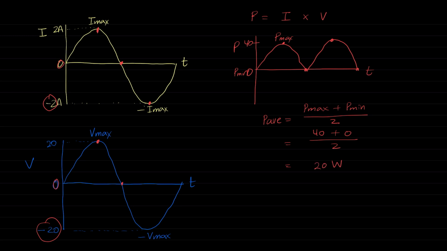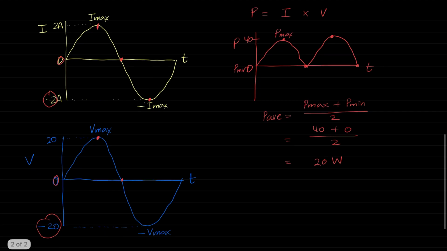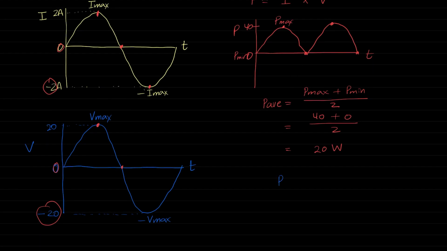Now how do we use this to derive the RMS equations? To do that, we'll look at our average power formula. P average, we can write as P max plus 0, because the minimum is 0, divided by 2.